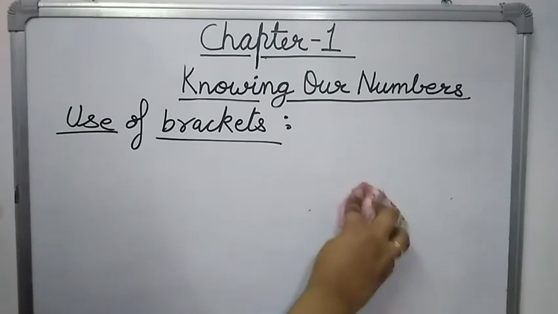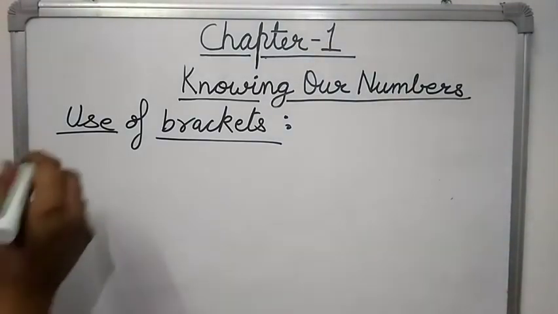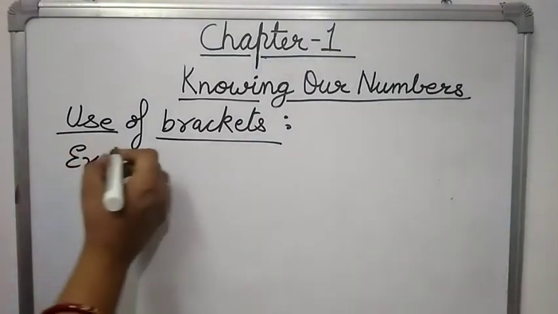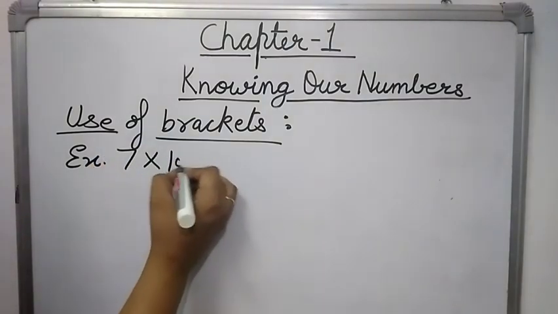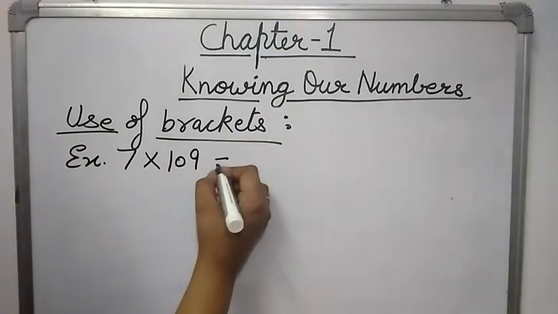Let's take an example of how it can make calculation easy. Example is 7 multiplied with 109. It is a big multiplication, but bracket can help us simplify this.